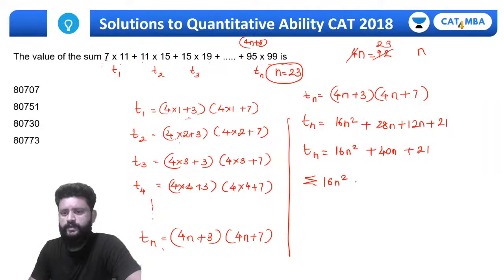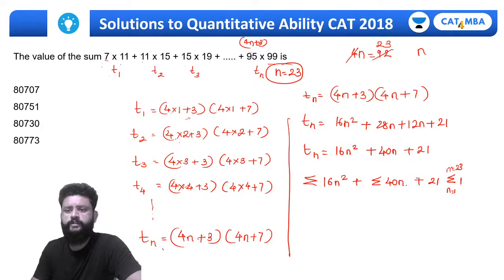So I need to get the sum of 16n square plus the sum of 40n plus the sum of 21. The value of n starts from 1 and will go till, it doesn't matter here, whatever the values.